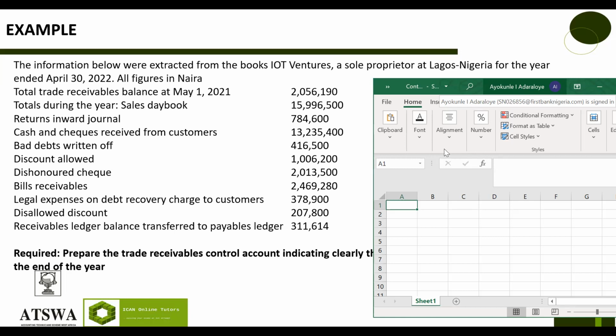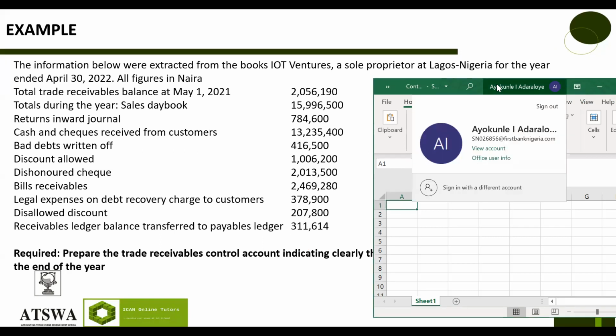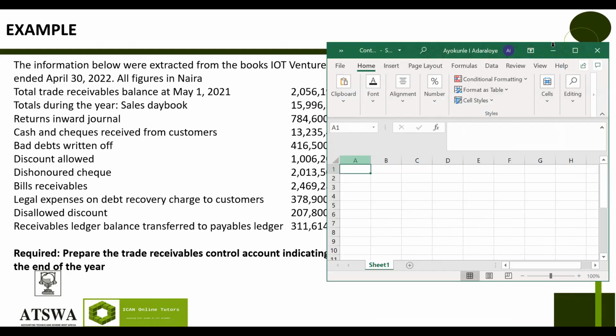So what are we required to do? Prepare the trade receivables control account, indicating clearly the balance due from trade receivables at the end of the year.